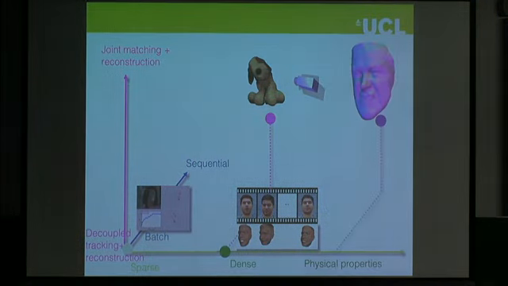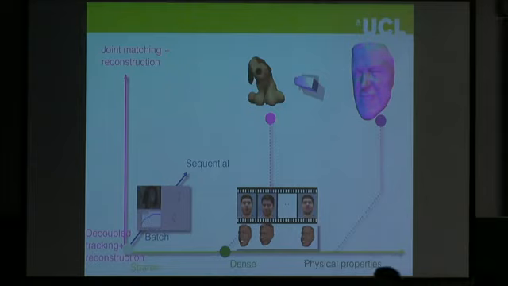Okay, so this is just a slide that I wanted to show everyone, the kind of evolution of this area of non-rigid structure from motion. At the beginning of the 2000s, we were kind of down here. We had batch methods. We decoupled tracking and reconstruction, and we could only reconstruct a few points.